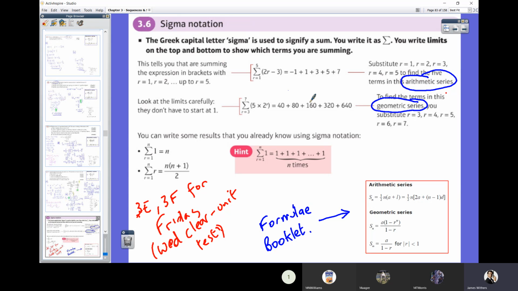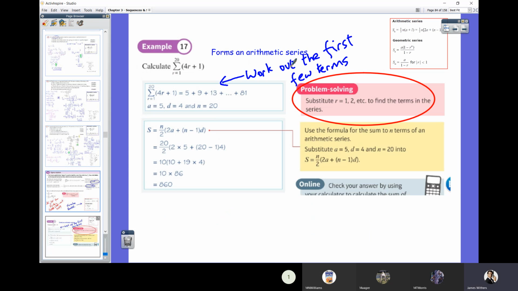Really, the only learning point, which is absolutely common sense, is just set the scene. Start plugging in from r equals 1 up to r equals 20. Clearly, you don't get that far. You just do a few. Substitute a few in until you get the pattern. So when you substitute r equals 1 in, 4 1s are 4 plus 1 is 5. When you substitute 2 in, 4 2s are 8 plus 1 is 9. Just do 2 or 3, and then reflect on those and see what's going on.